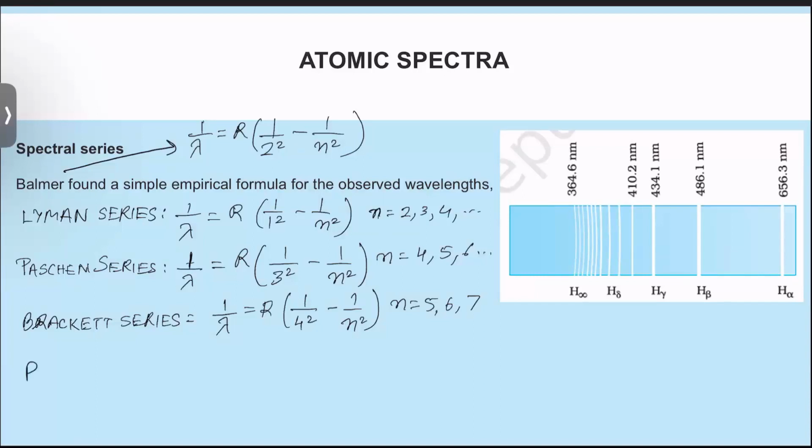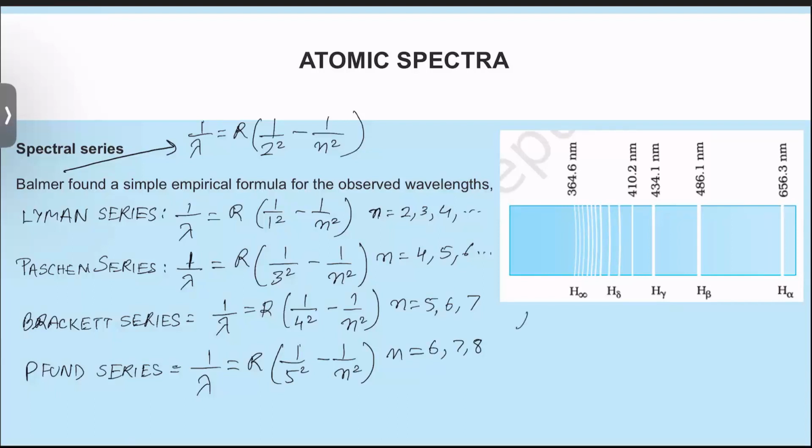Then you have the Pfund series. That is 1 upon lambda is equal to R into 1 upon 5 square minus 1 upon n square. Over here, as you can see, this is 5, so this is the relation.